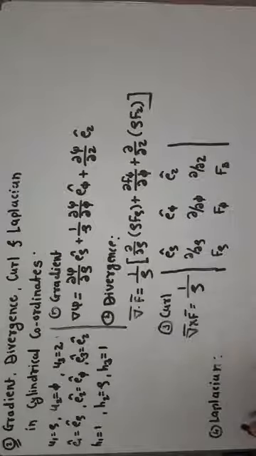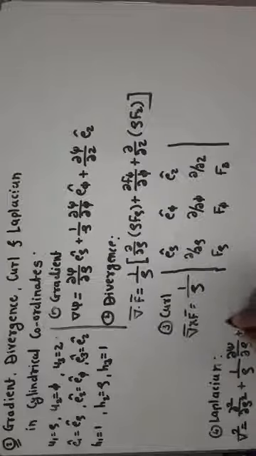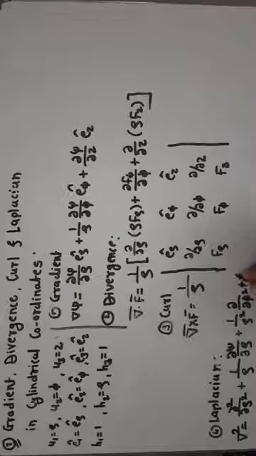That Laplacian del square is equal to dou square by dou rho square plus 1 by rho dou psi by dou rho plus 1 by rho square dou by dou phi square plus dou square by dou z square, right?